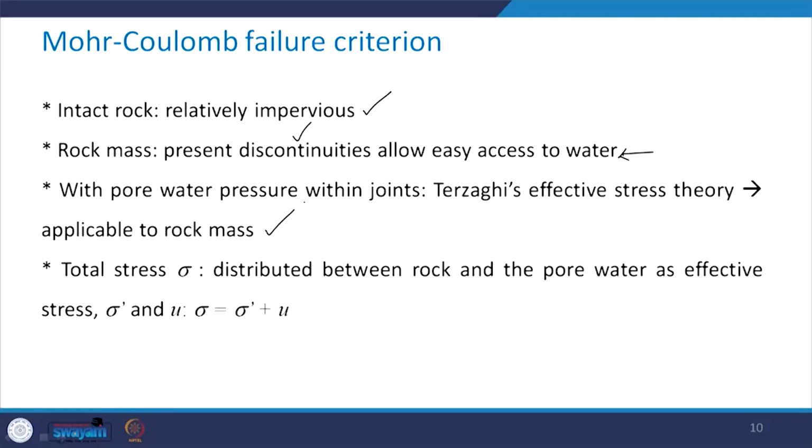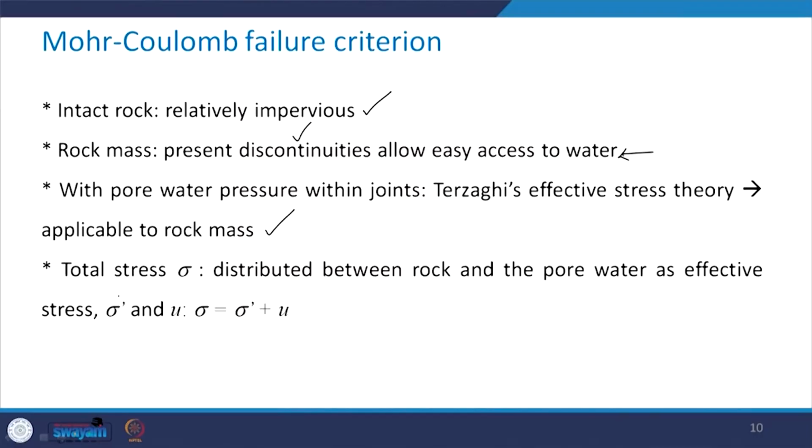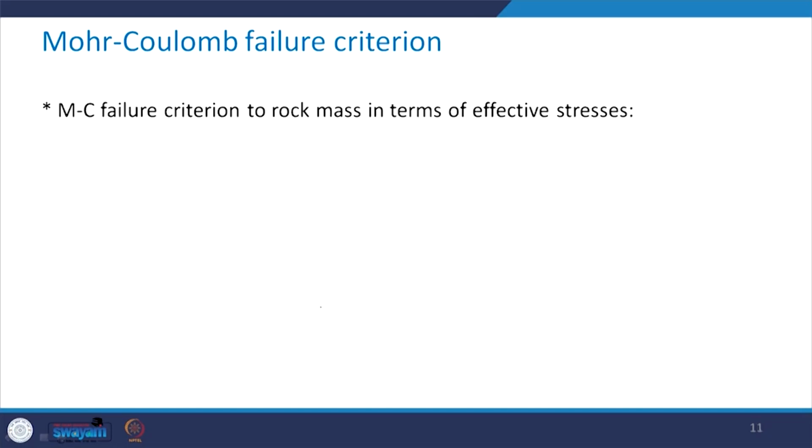What this theory suggests is that the total stress is distributed between the rock and the pore water as effective stress sigma prime and u. That means whatever is carried by the rock is sigma prime, and the pore water pressure is u. And you all know what this effective stress theory is: the total stress is equal to effective stress plus the pore water pressure.